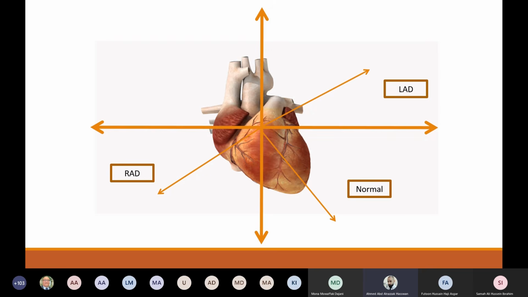So it should be in this quadrant, and this is a normal axis. Now, if the axis deviates to the left side, imagine you're confronting this heart. If it goes that way, then this is a left axis deviation. If it goes all the way to the other side, this is called a right axis deviation.